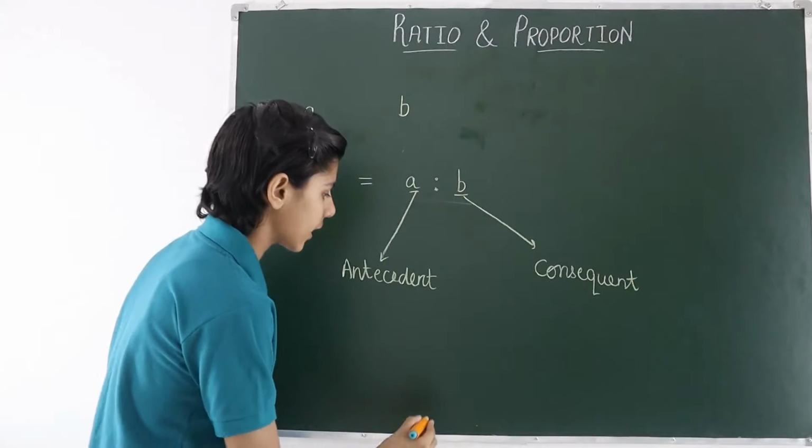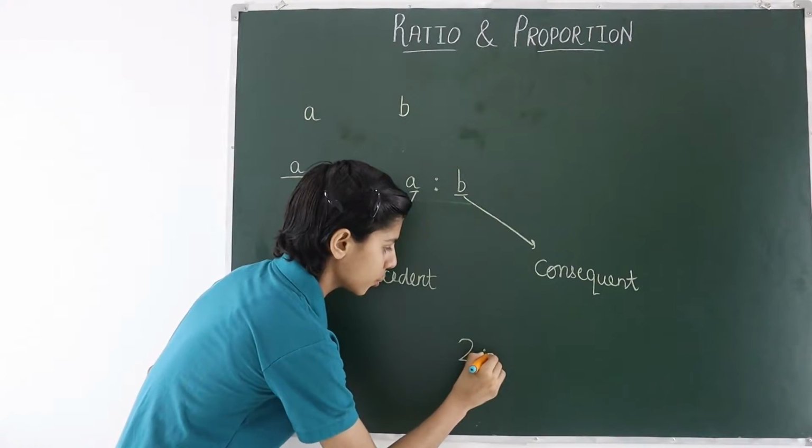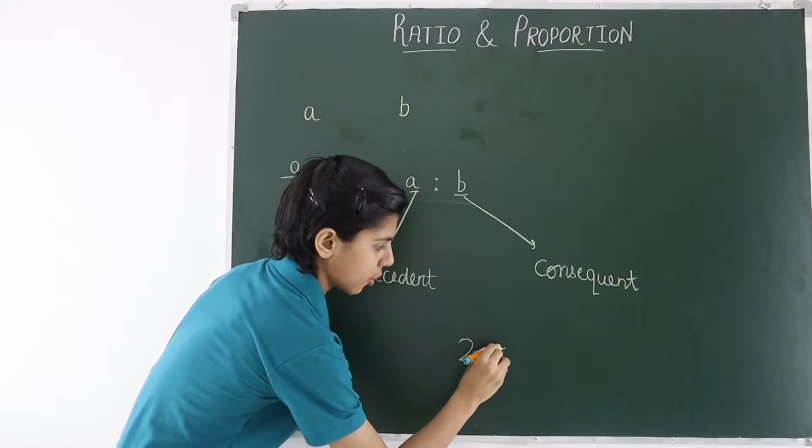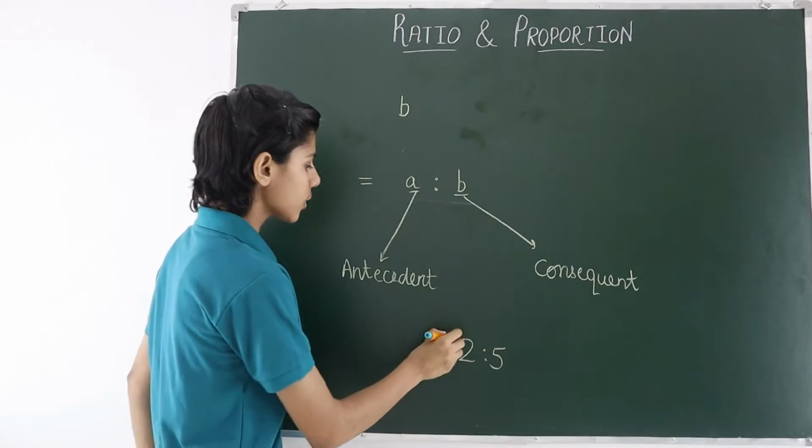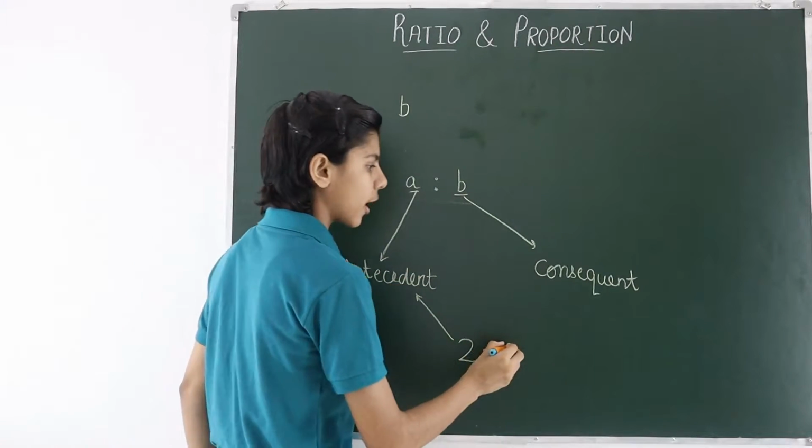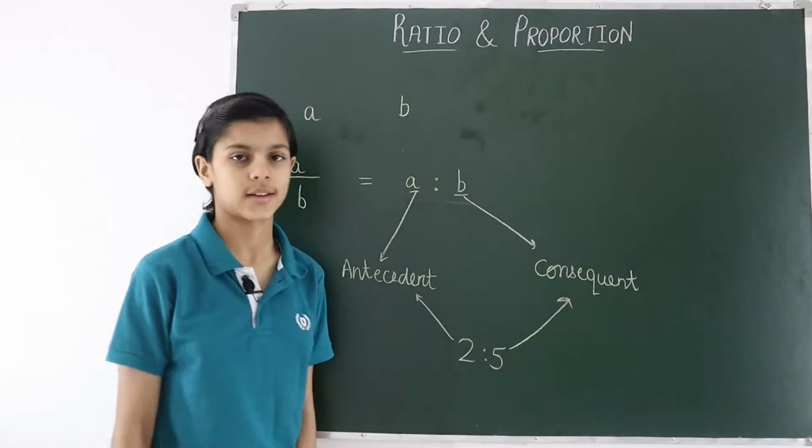For example, I have the ratio 2 is to 5. Now in 2 is to 5, 2 is the antecedent and 5 is the consequent.